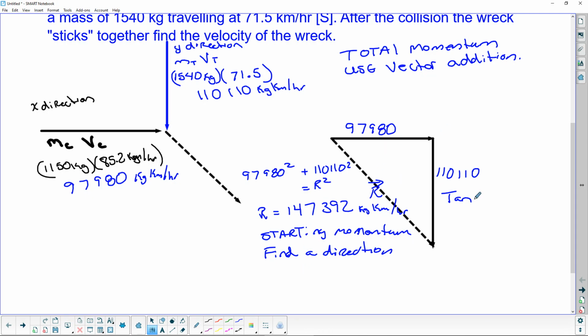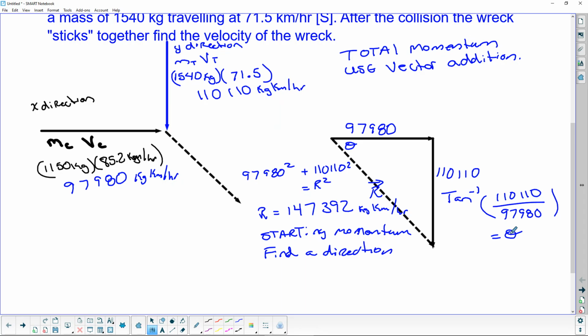Okay, so now we're going to do tan inverse, and we'll get this angle up here. We're going to go opposite over adjacent. So 110,110 opposite over adjacent. And that's going to equal our theta.